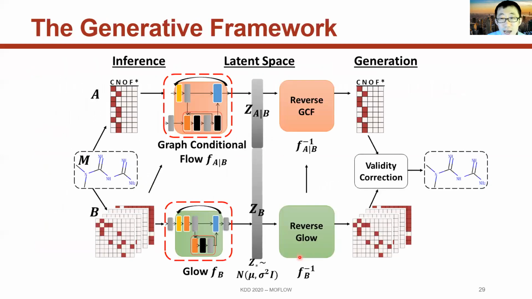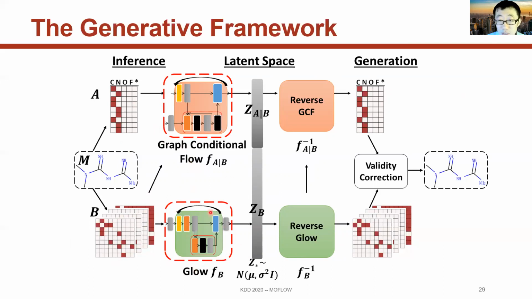We illustrate our model as follows. We use a GLOW-based model to model the bond probability P_B, which encodes the multi-channel edge tensor into latent space. Given bonds, we propose a novel graph conditional flow F_A|B to encode the atom matrix given the bond tensors.